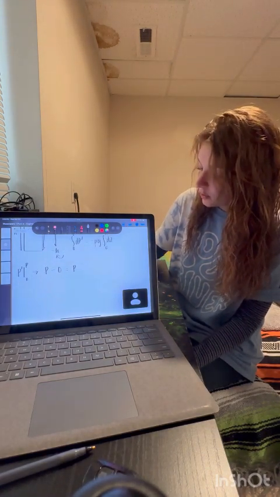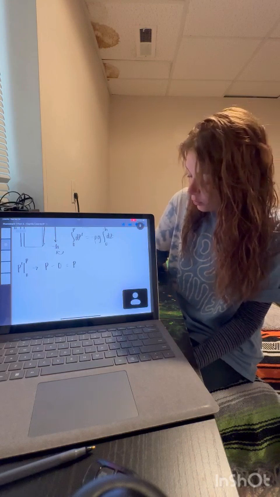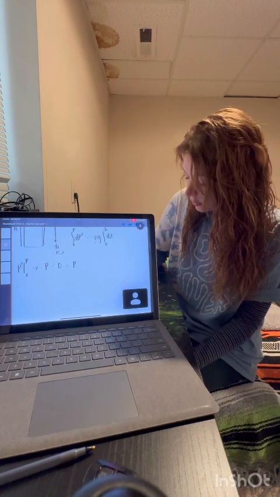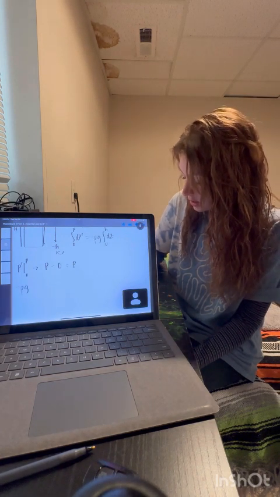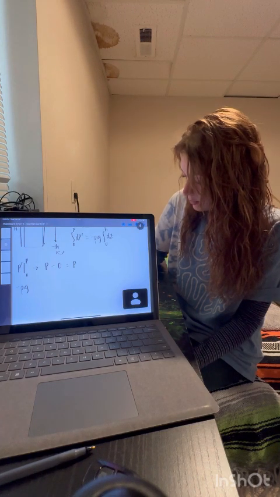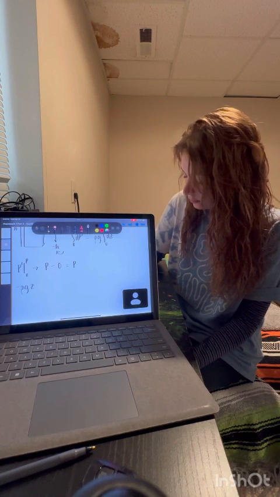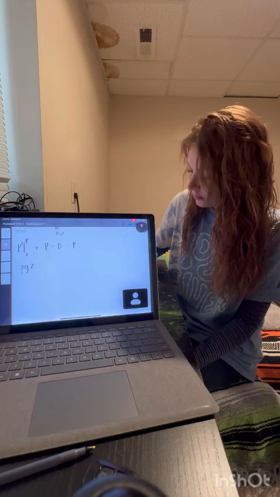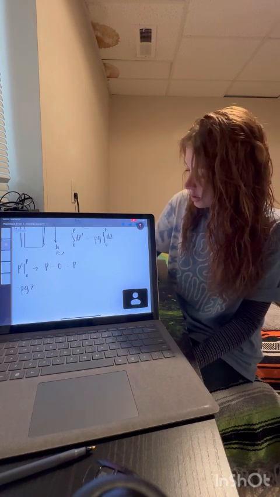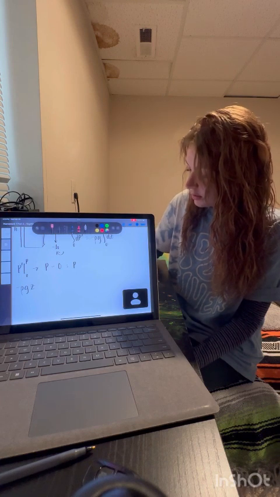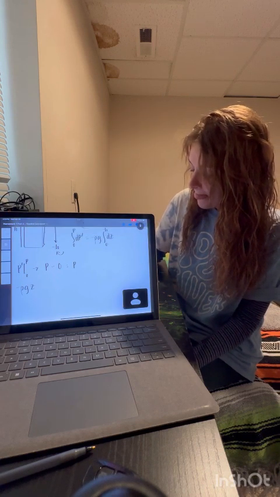The right side of the equation will be similar. We will do negative rho g times z. Sorry, my thing switched to eraser.